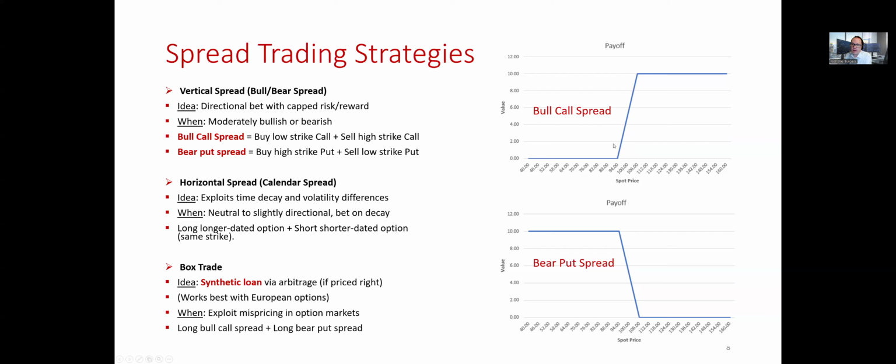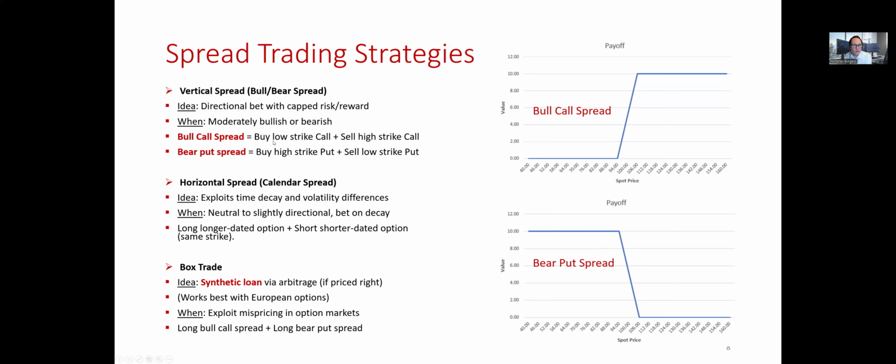So maybe you're range trading, and maybe you think it's going to go up slightly, but not so much. Likewise with the put, maybe you think price is going to fall a little bit, but not too much. And so you're quite happy to make the trade cheaper and cap some of your profit, because you just don't think prices are going to decay or drop off that much.